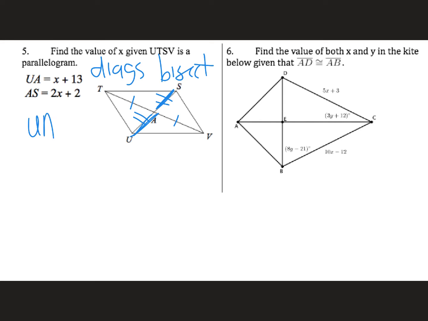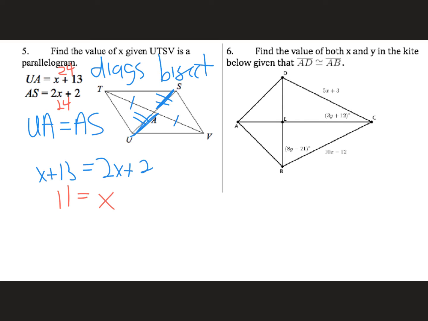So UA is equal to AS. So that means x plus 13 is equal to 2x plus 2. We're going to go ahead and subtract x from both sides and subtract 2 from both sides and get 11. If you plug it back in, you get 24 there, and you get 22 plus 2, which is also 24. And those are the same, which is glorious.